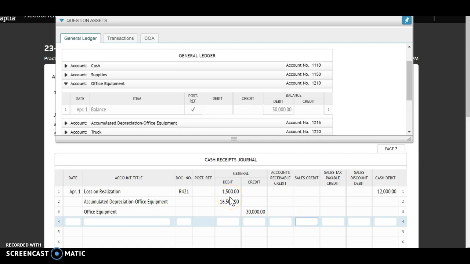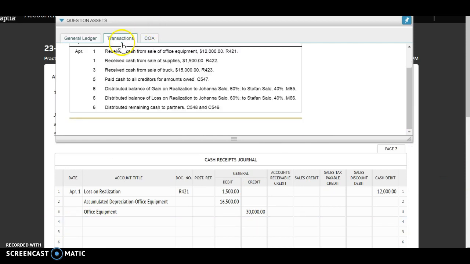So it's always a good idea to double check. Add up your debits. Yep, our debits should equal our credits. Okay, so that was our first one.